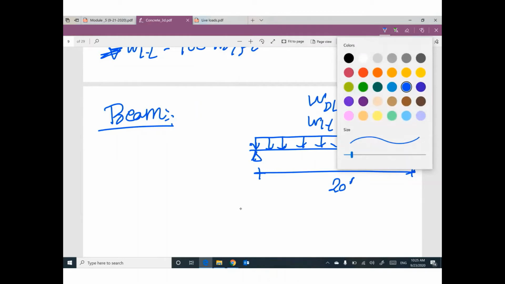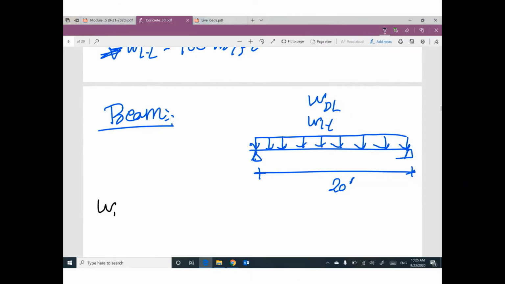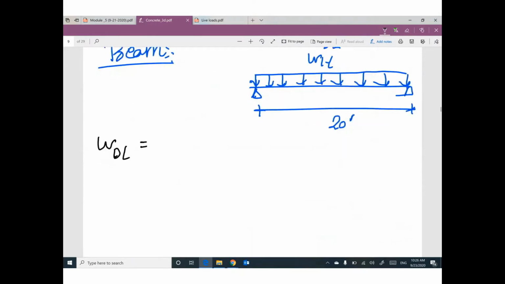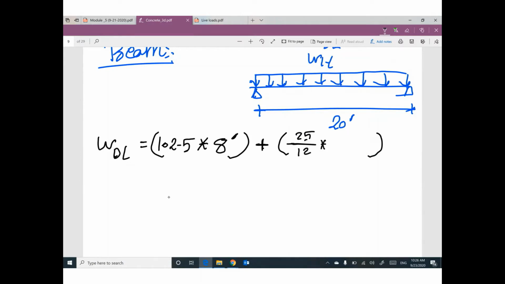W dead load will be this W dead load from slab, which is 102.5 times 8 feet plus 5 divide 12 times 16 divide 12 times 150.